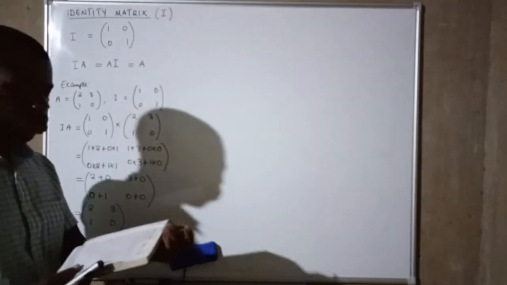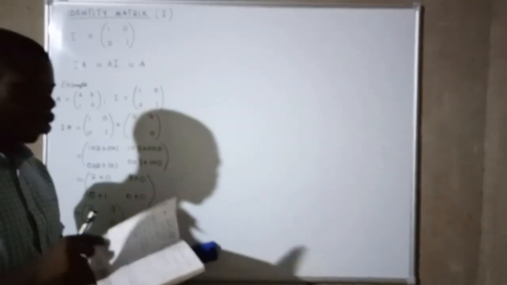When you take an identity, multiply it with any matrix, the value you get is that very matrix. It's very important. So this is how we should know an identity matrix to be. Now, having just shown you an identity matrix, we are going to move to the determinant of a matrix.